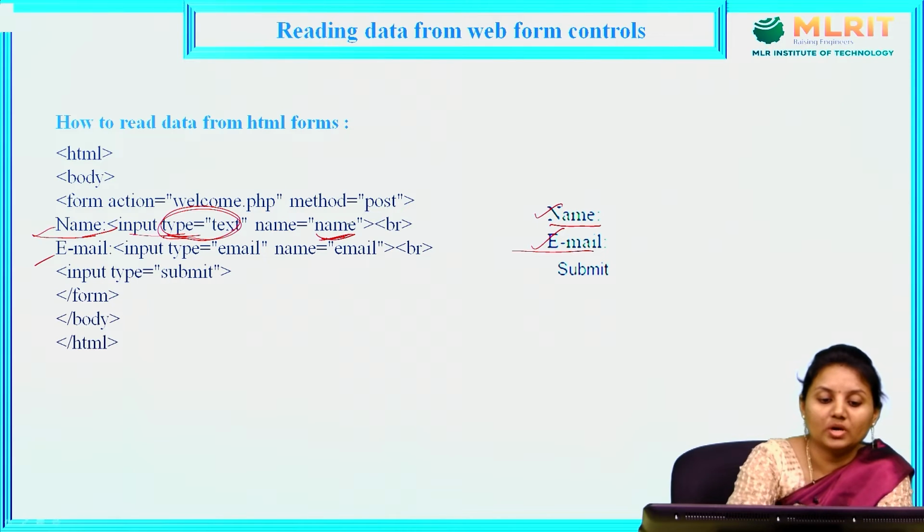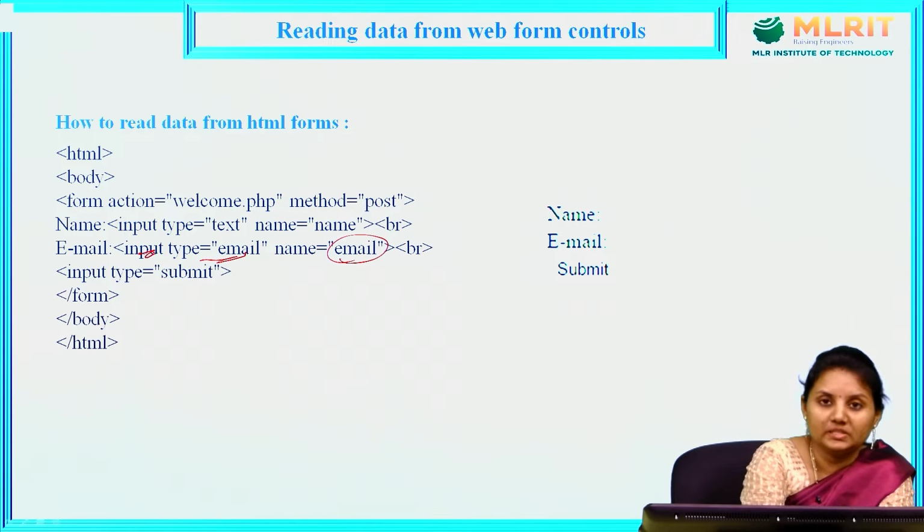This is the unique name or unique value that you are assigning to the name attribute for the text that you are entering for this name. Similarly, email is the unique name that you are giving for the input of type email. That is for the second one.